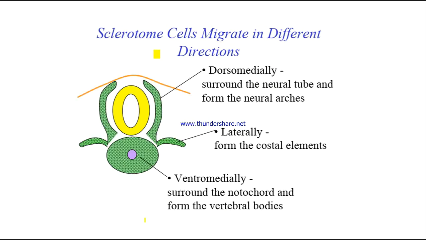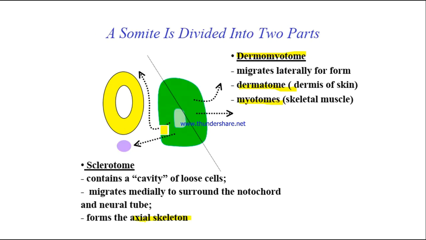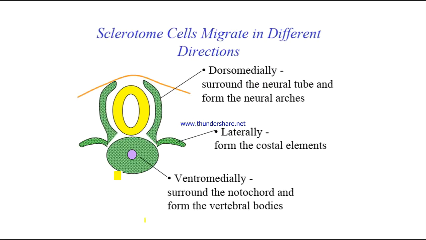So the skeletome, just going back again, showing you the region of the skeletome, these cells are going to migrate in different directions. We're going to get this dorsomedial migration, which is going to surround the neural tube and form the neural arches, what we can see here highlighted in green.